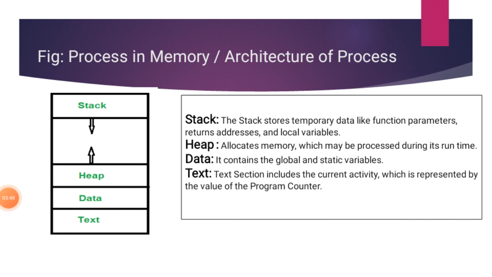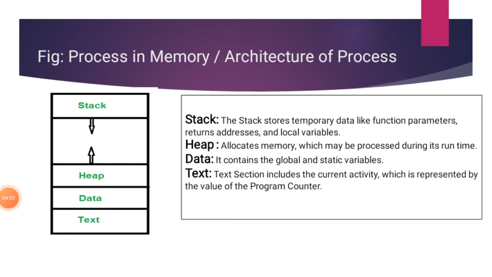So it dynamically allocates the memory to a process during its runtime. One more thing: if you are allocating the memory during the runtime, that will be called dynamic memory allocation. Remember, whenever we allocate the memory during its runtime, that is called dynamic memory allocation. Clear?